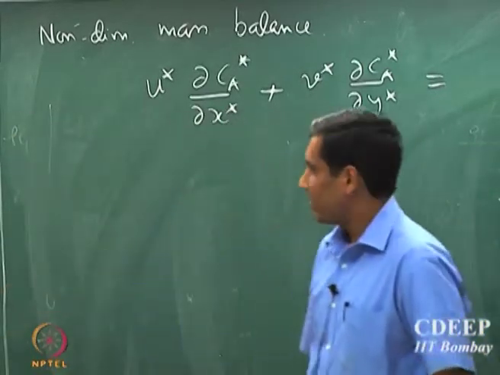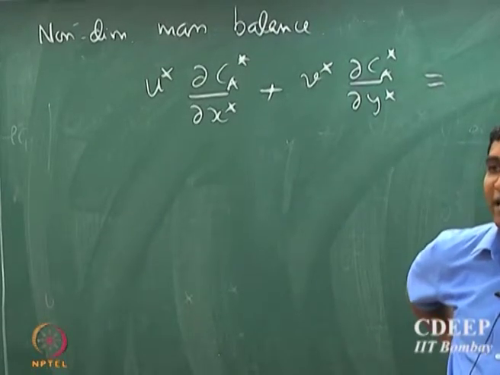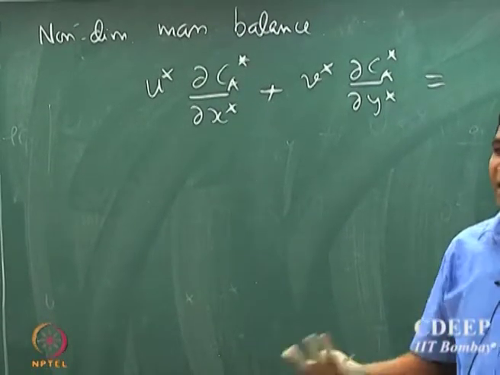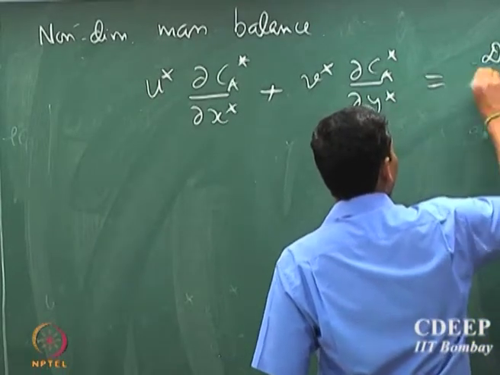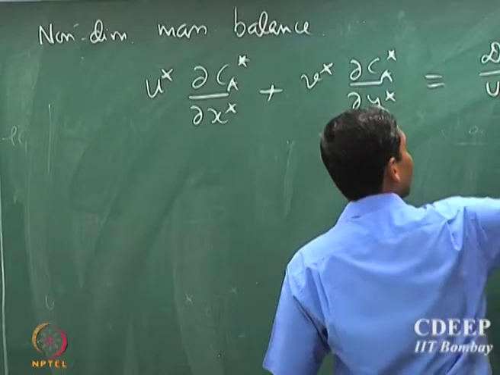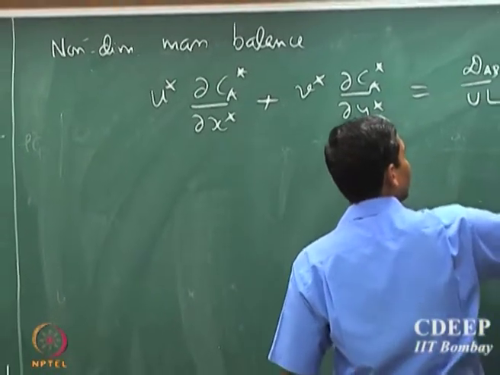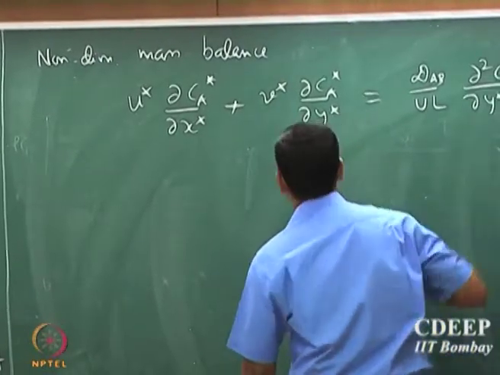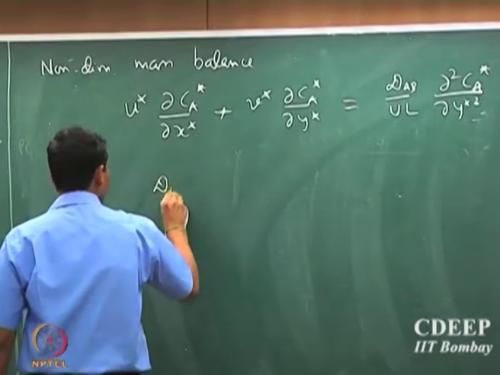Okay, let us not worry about Prandtl right now. So instead of alpha it is mass diffusivity, so that will be DAB divided by UL into d squared CA star divided by dy star squared. Okay. So what is DAB by UL?